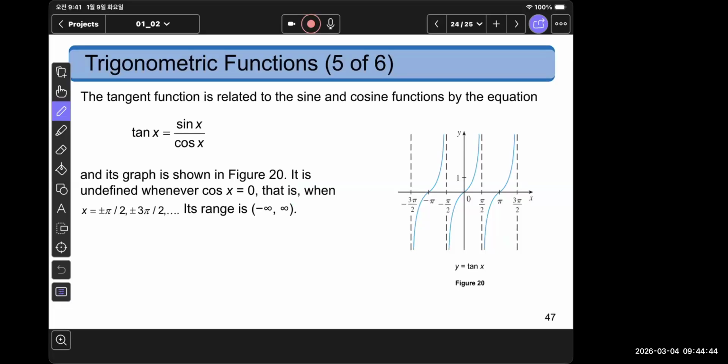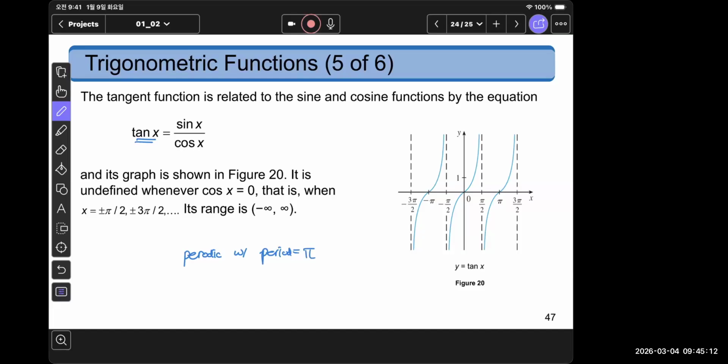The tangent function is defined by dividing sine x by cosine x. And in the case of tangent, it is also a periodic function, but the period is just pi. So it is periodic with period of pi.